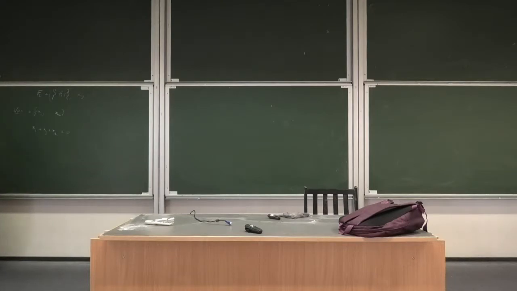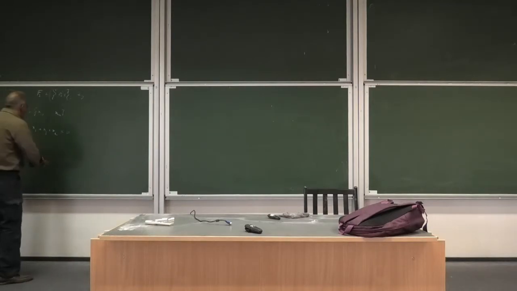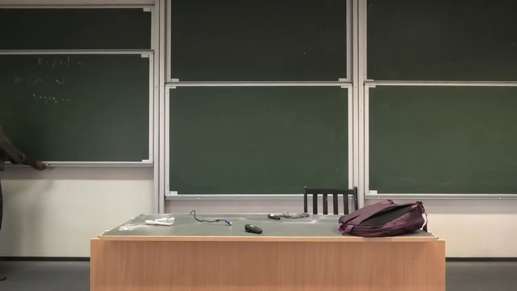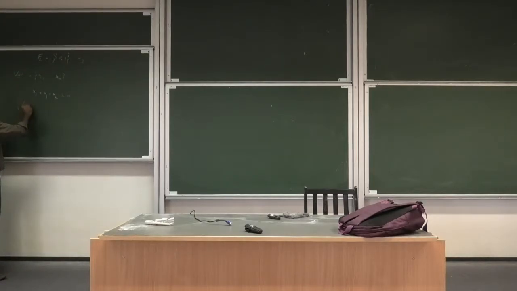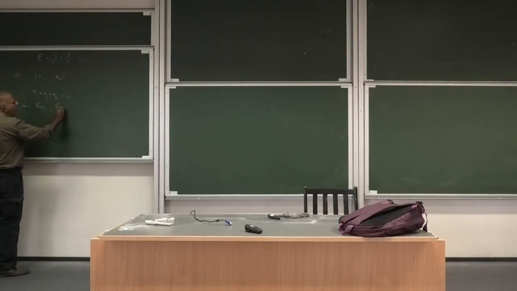So I want to think of this as a finite relational structure in the following sense. Universe is a set of variables, and I will have a ternary relation EQ0 and a ternary relation EQ1.